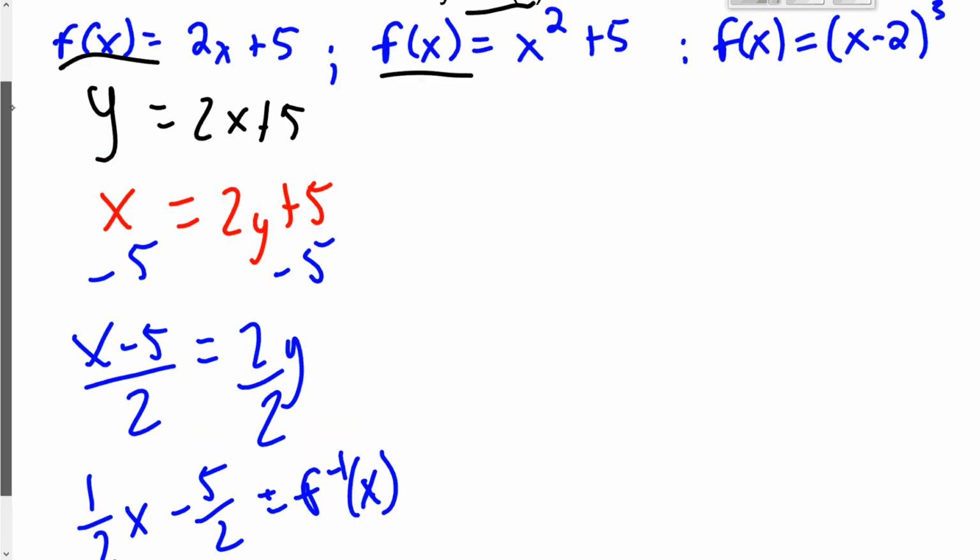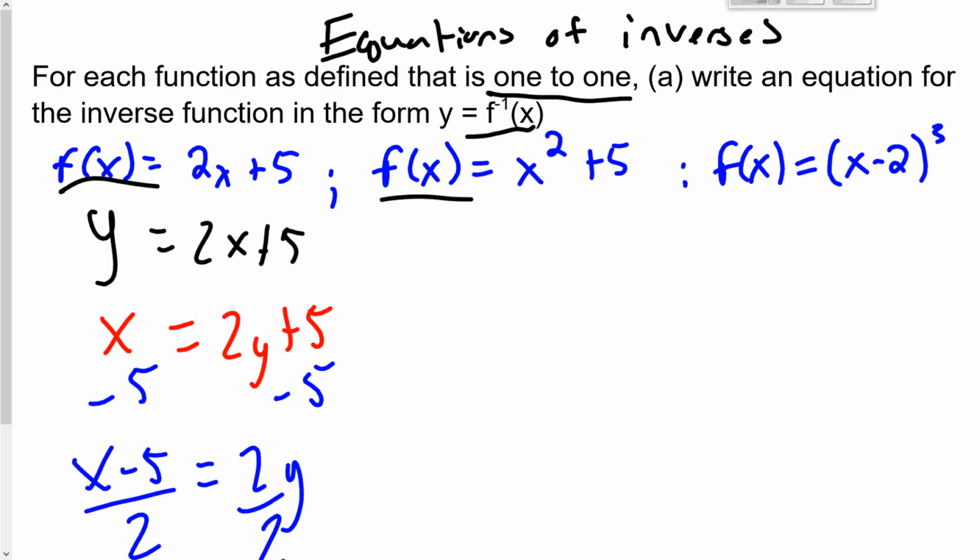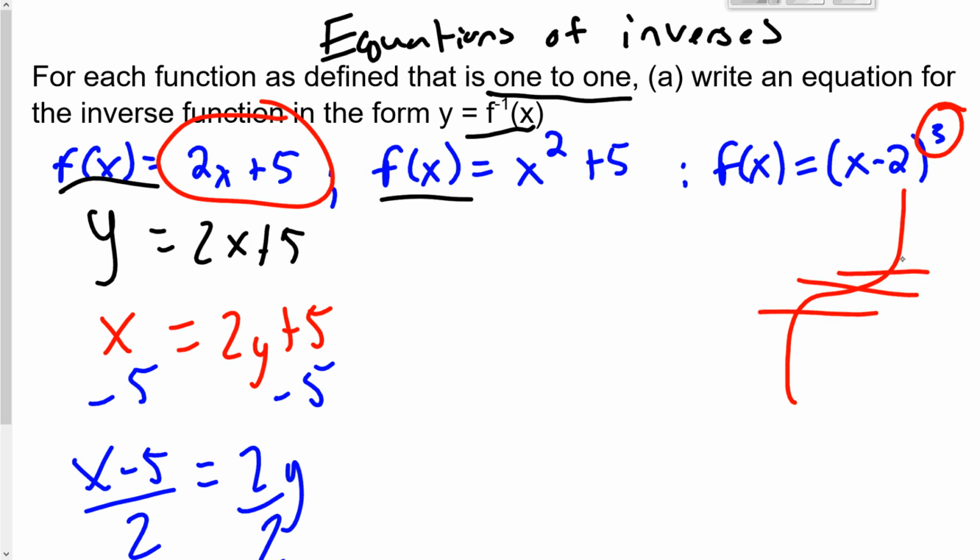Okay, like I said, the second one is a quadratic, so it's not one-to-one. This first one is one-to-one because it's linear. This one's a cubic, so it is one-to-one, because cubics look like this. It does pass the horizontal line test. Not all cubics would, something like x cubed minus 2x squared plus 1 would not pass.